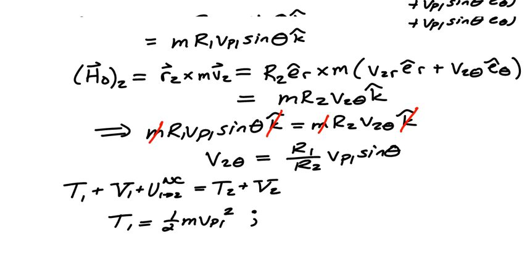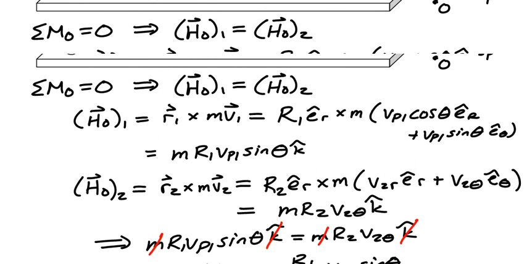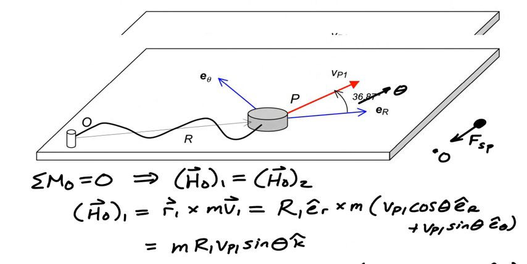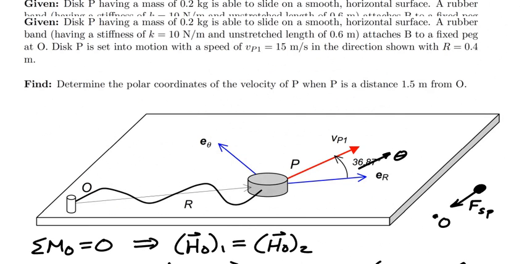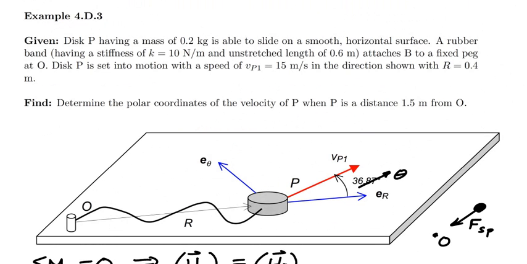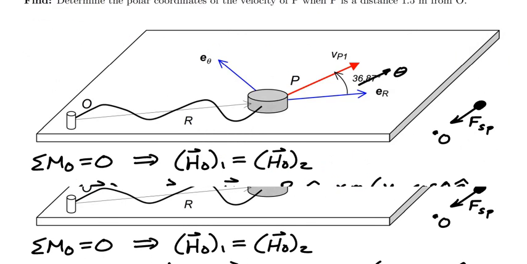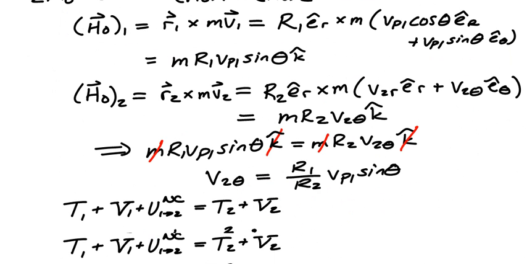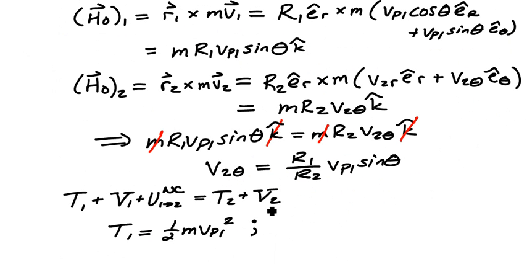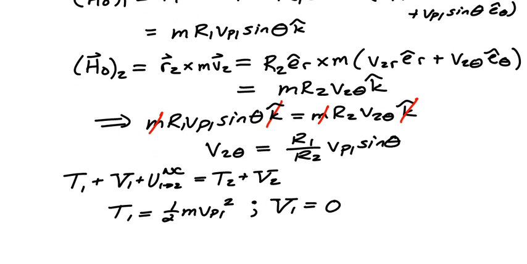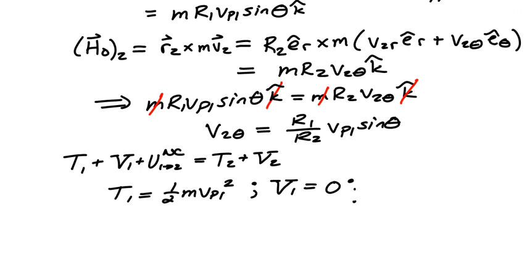V1, if we go back to the problem statement, we can see that this is an elastic band, not a true spring, and that the initial value of r is actually less than the unstretched length, and so we have no elastic potential at state 1. And so V1 is simply going to be 0. Again, keep in mind that an elastic band can't be in compression, which makes this true. You'll note that we have no non-conservative forces here, so that U1 to 2 non-conservative is going to end up being 0.